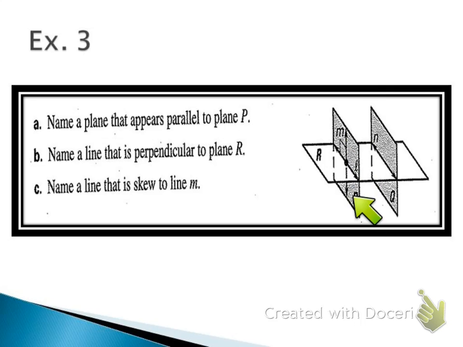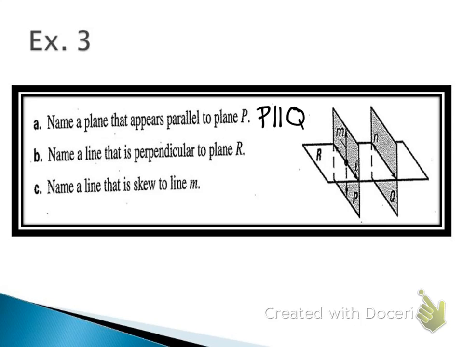Which plane? There's only 3 planes. Yes, good. So, P is parallel to Q is how I'm going to write that. So again, if you don't want to write out the question, if you write your answer in a way that sort of indicates what the question was, you can get away with it. So P is parallel to Q.